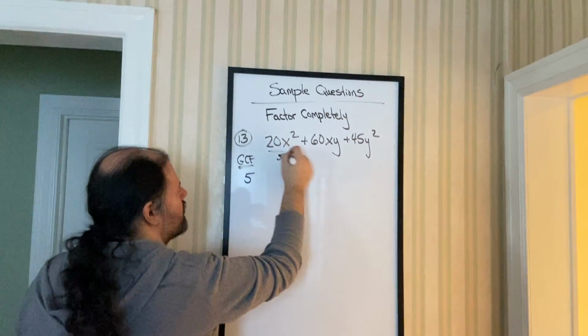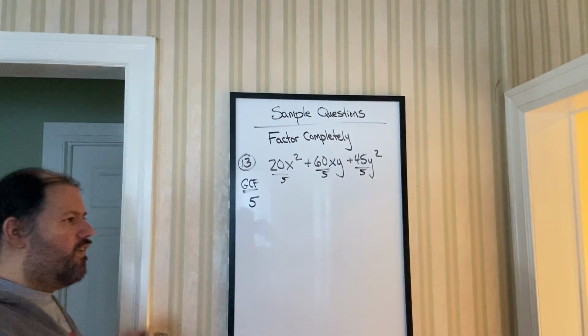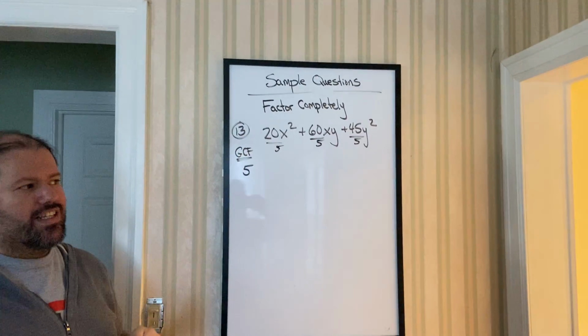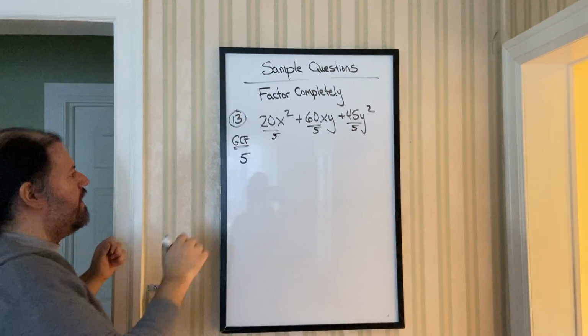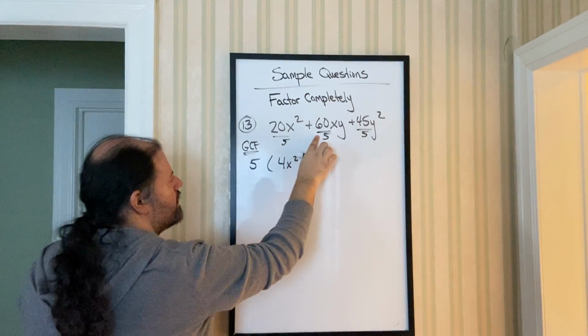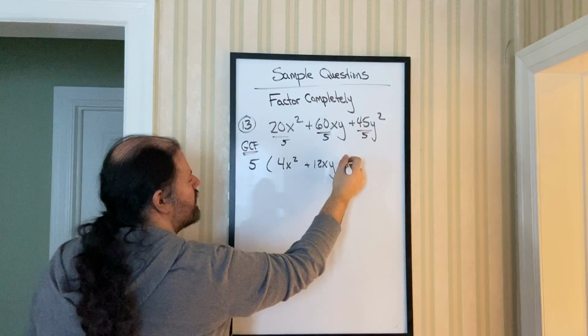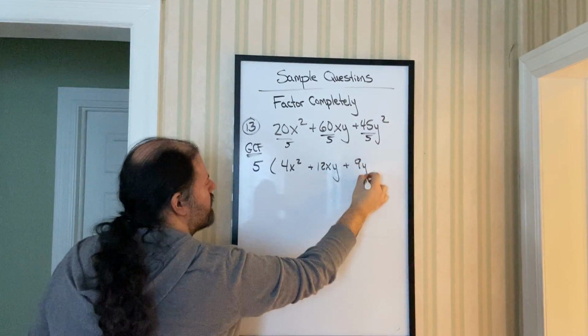So let's divide each term by 5. That's the only GCF because it doesn't start with a negative. So when we divide out, the leftovers would be 4x squared plus 12xy plus 9y squared.